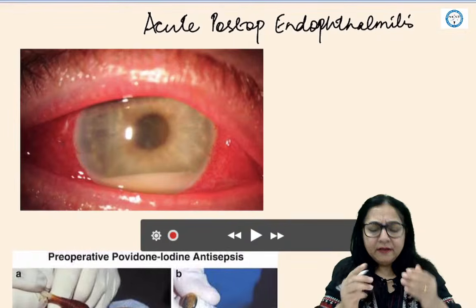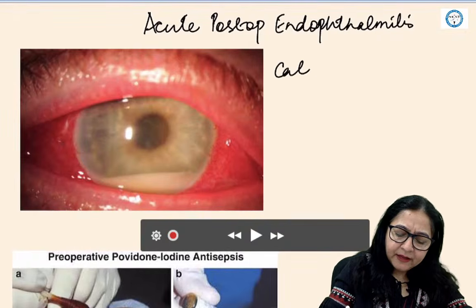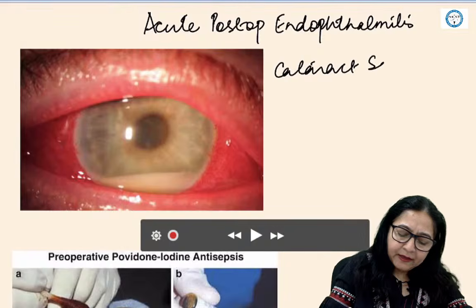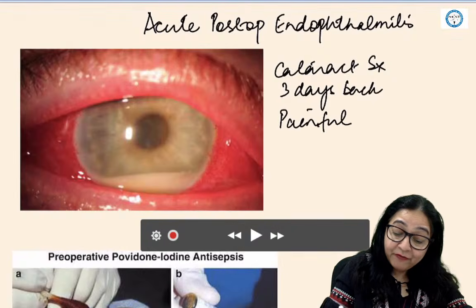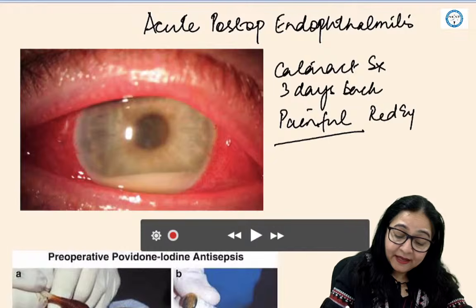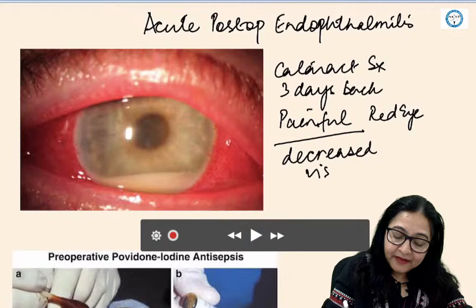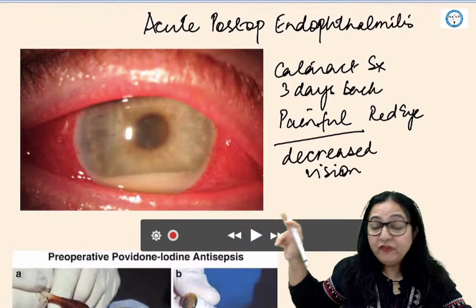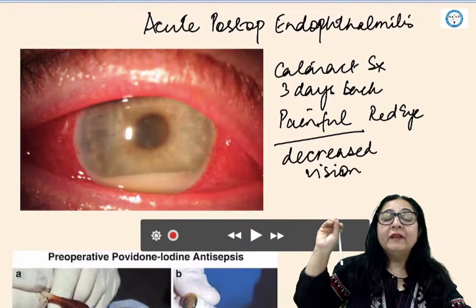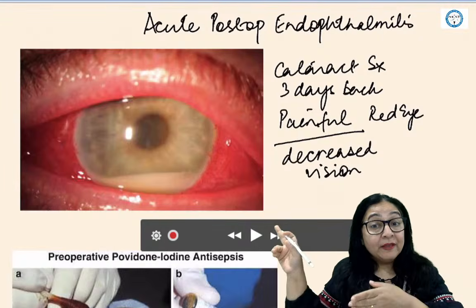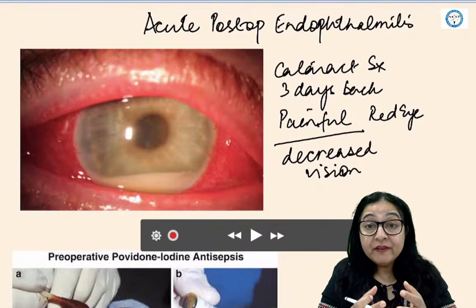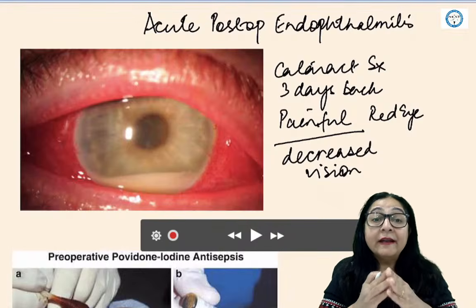A patient underwent cataract surgery 3 days back and now has a painful red eye, decreased vision, and on examination you will see all the features of inflammation: conjunctival congestion, anterior chamber reaction in the form of cells and flare, hypopyon, and vitreous exudates. So this is an ocular emergency.